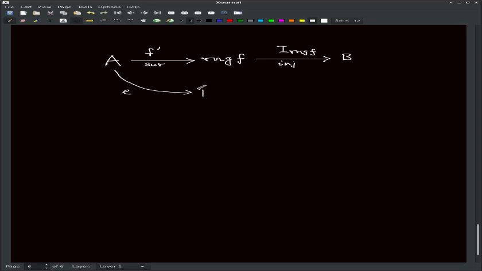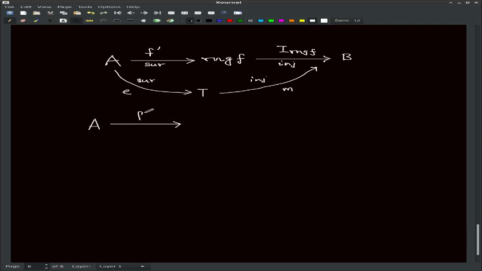Say T and this. So this is surjective and this is injective. Okay? So then what happens? I shall redraw this as a square.